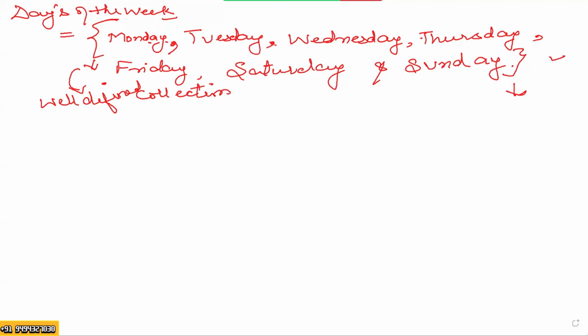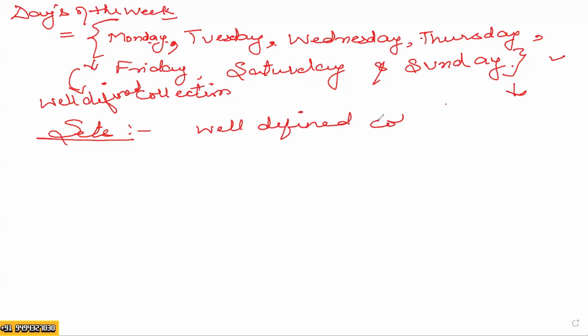So this is the well-defined collection of elements. Okay. So how will you define sets? Well-defined collection of objects. Well-defined collection of objects. Right?